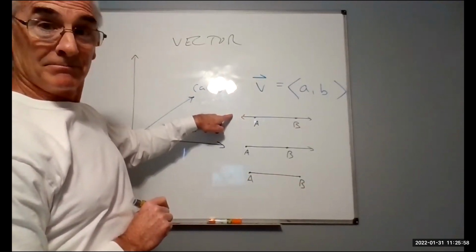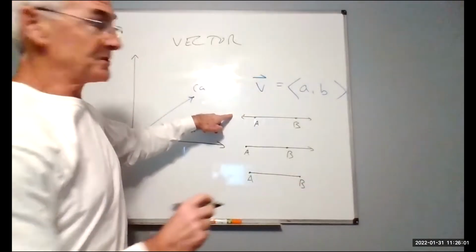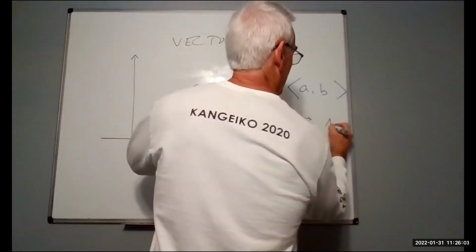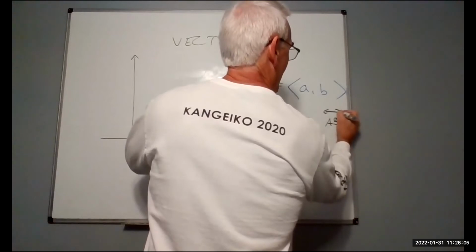This is a line. The arrows indicate it goes both ways forever, and we generally write it this way. AB with that picture on top.